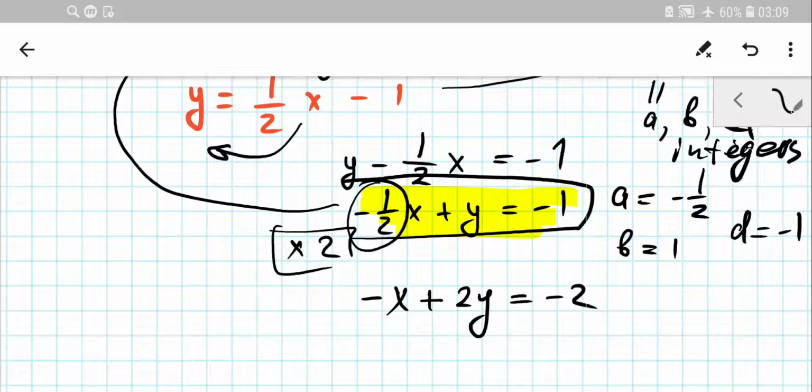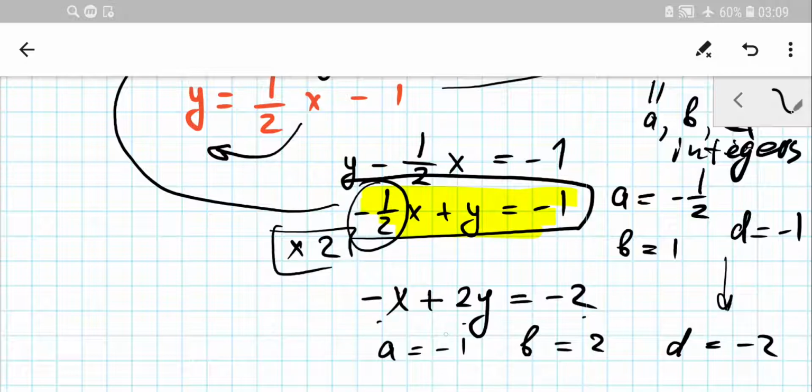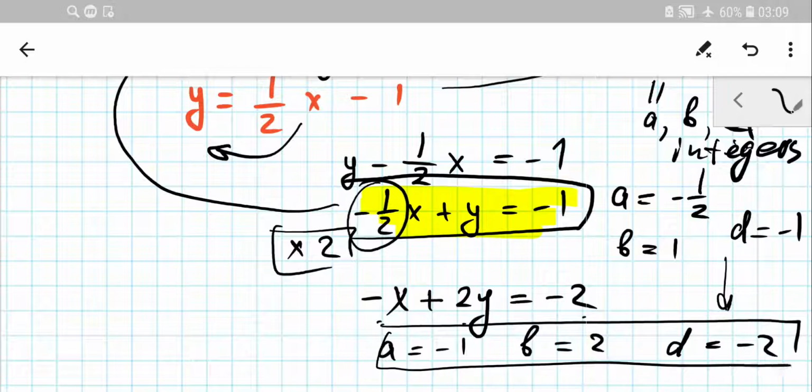That's okay. In this case, all coefficients are integers, and d is negative 2. Of course, the values change, but you can create many equations in general form.